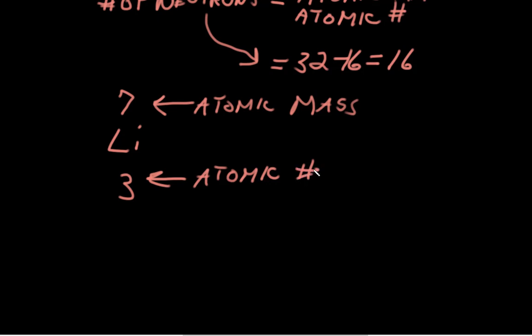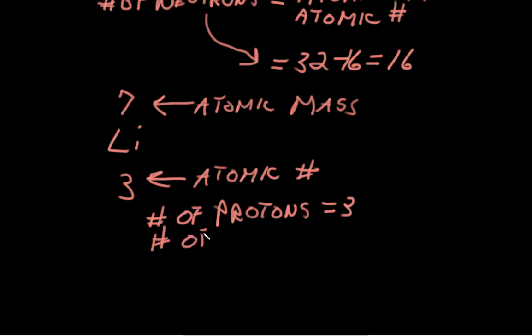So we know the atomic number tells you the number of neutrons, or excuse me, number of protons. So the number of protons equals 3. Therefore, for a neutral atom, the number of electrons has to be the same. The number of electrons equals 3.